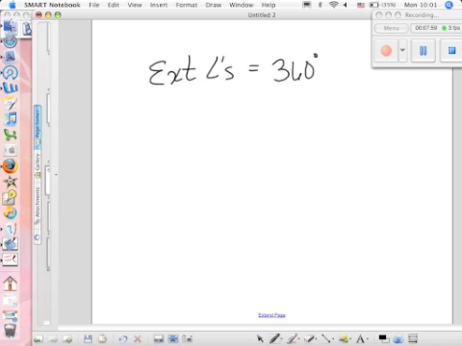Okay, 360 degrees. If I told you that a polygon is regular, what does that mean about every single exterior angle? They're all equal.